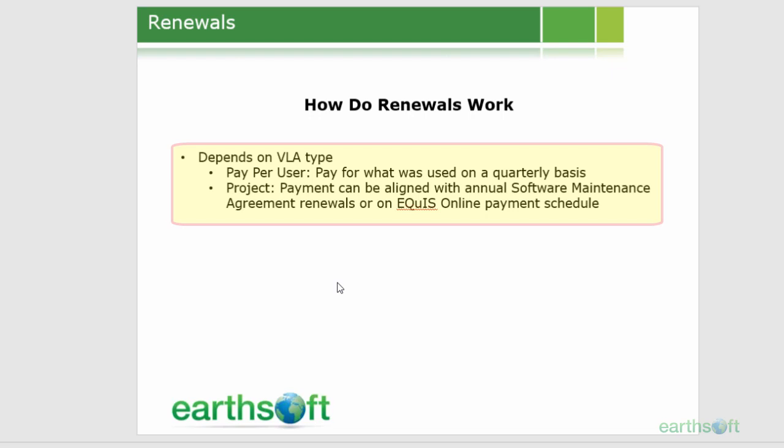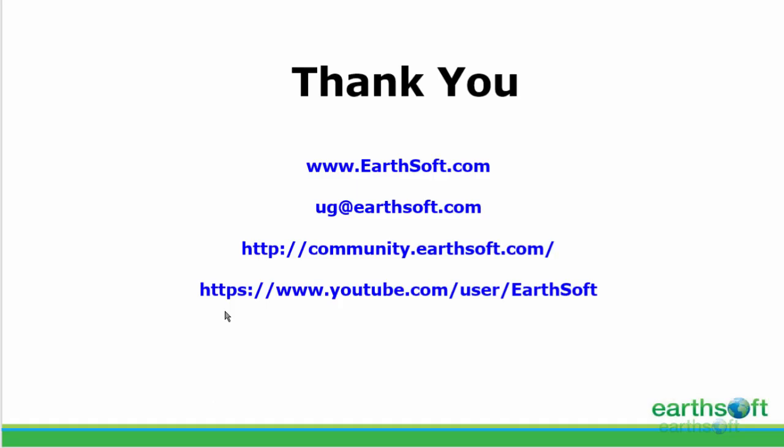And we can settle those up whenever you set up your annual agreements, on an annual basis for most of you, or we can do them on a quarterly basis. So that's how VLAs work for payment and renewals. And I think that's it for me.